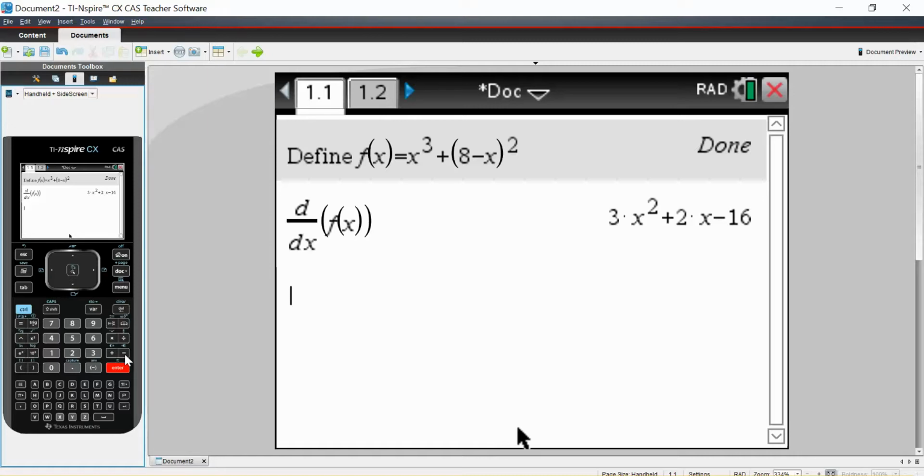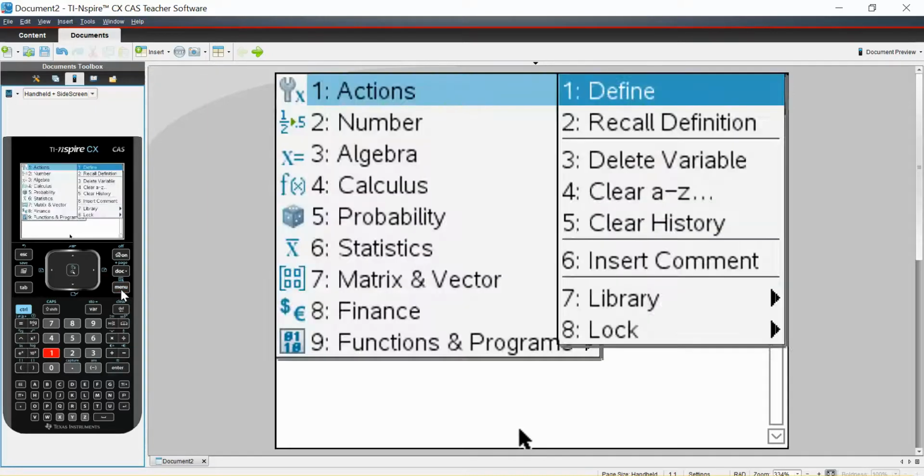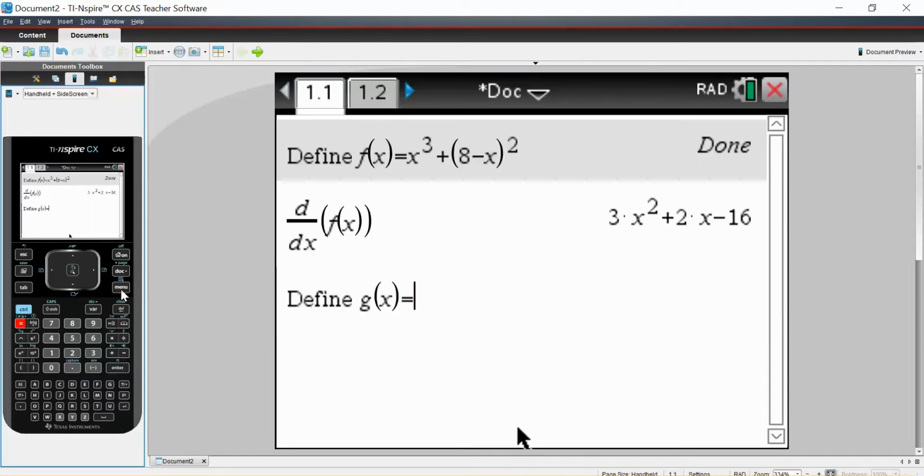My tip for you at this point is to also define this, because when you're doing applications, likely you're going to use the derivative more often later. So I'll go back and go menu 1, 1, define, and I'll call this g of x. So g of x will represent the derivative.